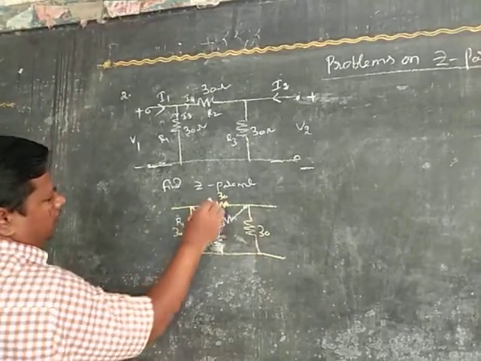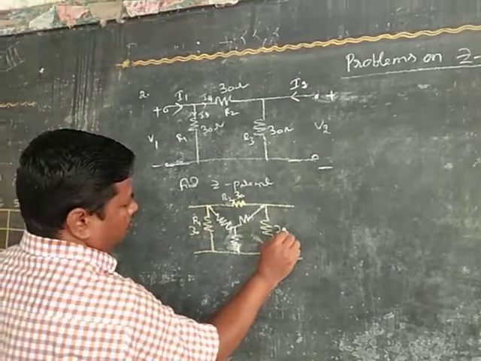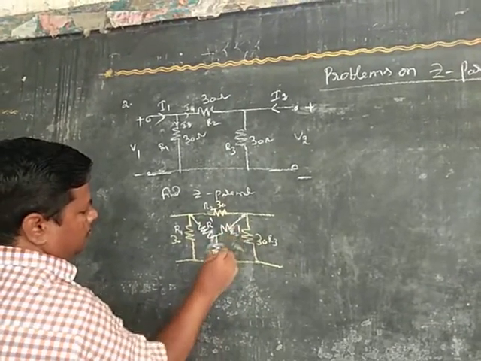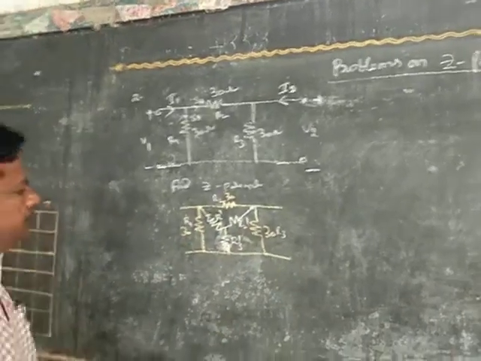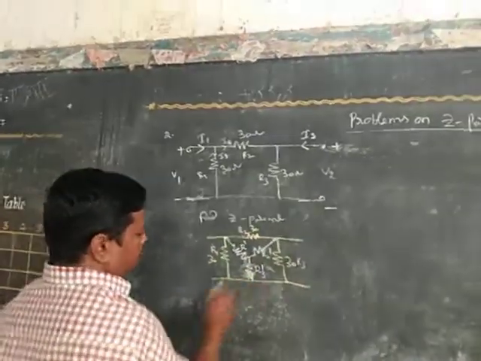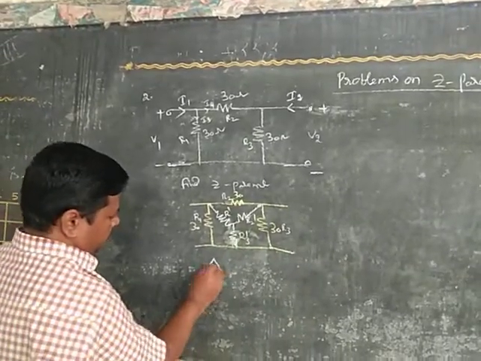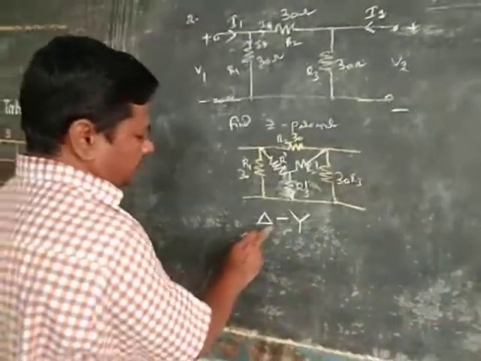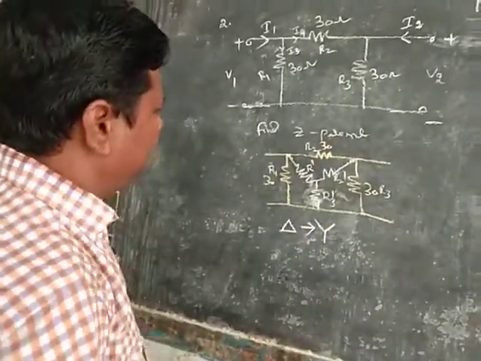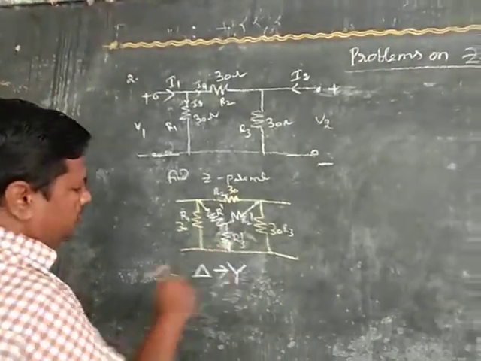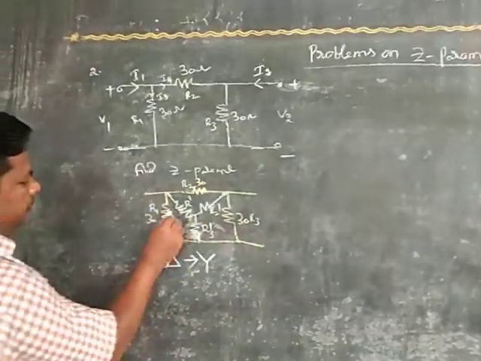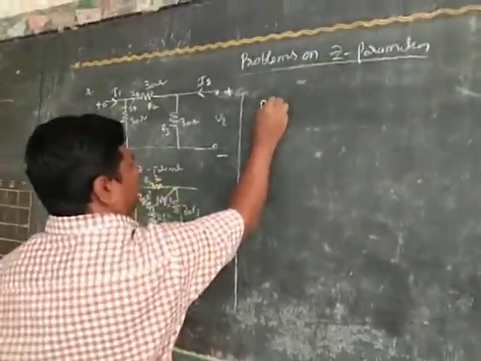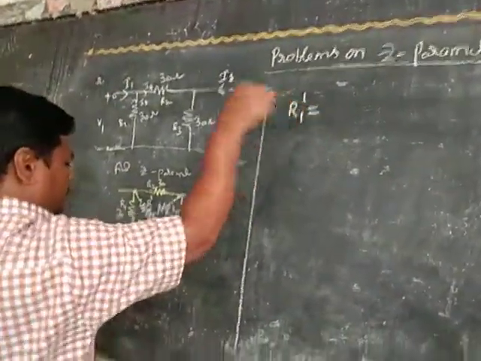Suppose R1, R2, R3, R1 dash, R2 dash, R3 dash. Okay, using the delta to star conversion, first of all convert this circuit into star. Already you know that in star, what is the value of R1 dash?